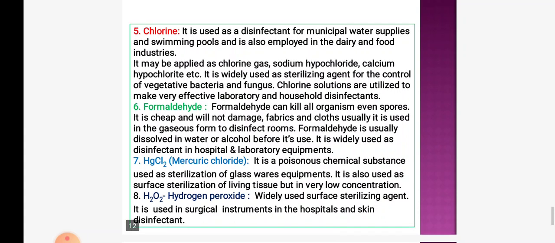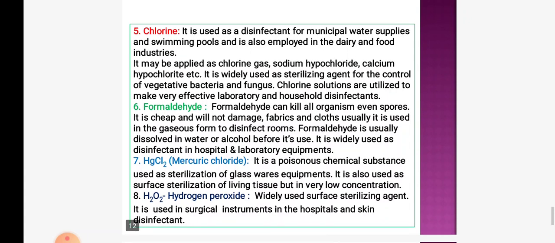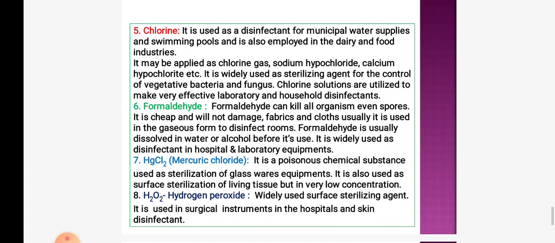It is widely used as a disinfectant in hospital and laboratory equipment. Next chemical, mercury chloride, HgCl2. It is a poisonous chemical substance used for sterilization of glassware.